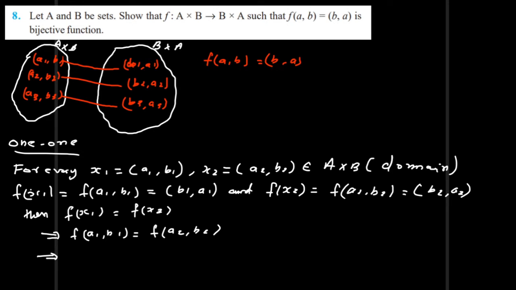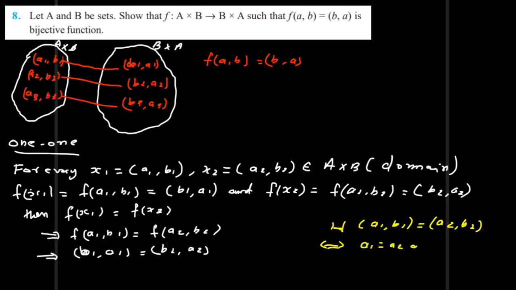This implies (b1, a1) equal to (b2, a2). Suppose two ordered pairs (a1, b1) equal to (a2, b2) if and only if the first coordinates are equal, that is a1 equal to a2, and the second coordinates are also equal, b1 equal to b2. So if these two are equal, then the coordinates are equal. Clear?